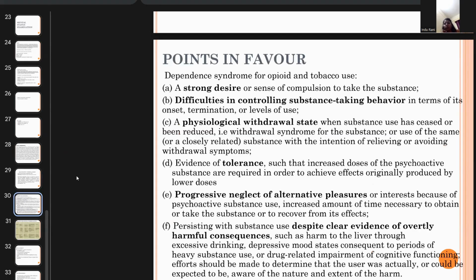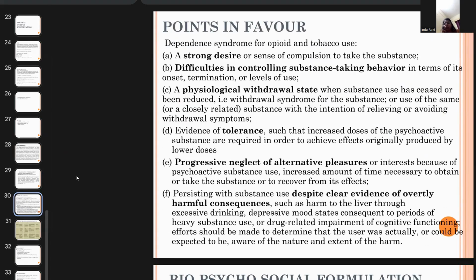Investigation was within normal limit. Now the points in favor: he's fulfilling the criteria that he has a strong desire or sense of compulsion to take substances. He's having difficulties in controlling substance taking behaviors, and also he has a physiological withdrawal state whenever he fails to consume the substance or decreases the amount.